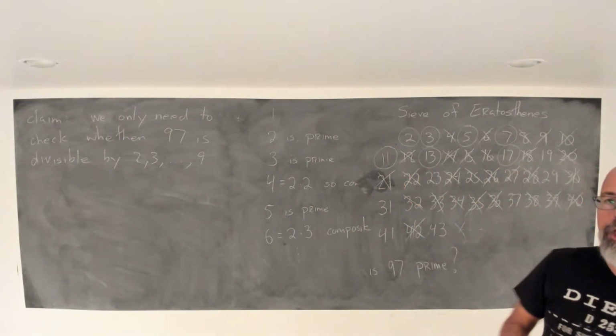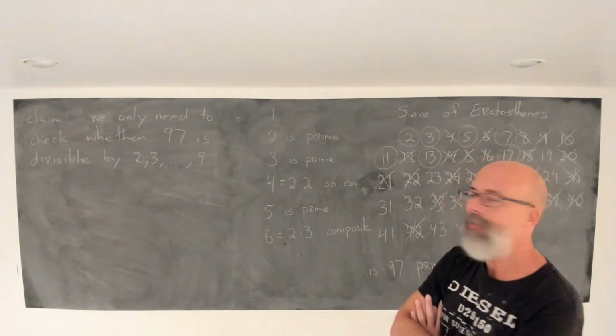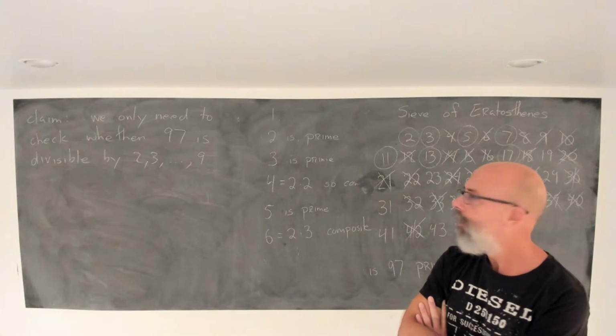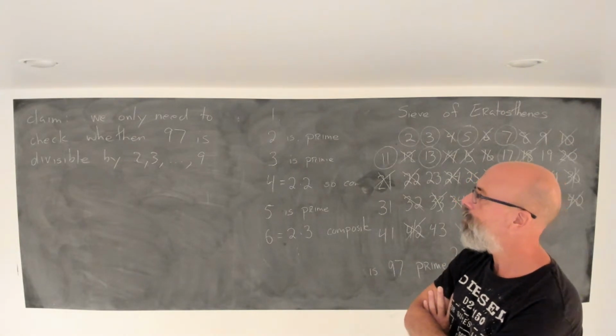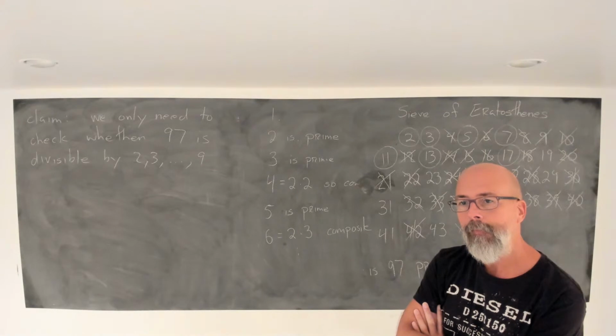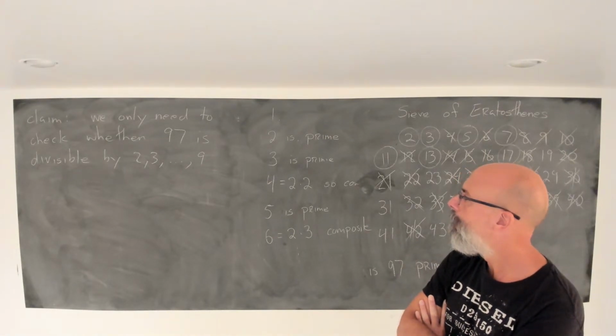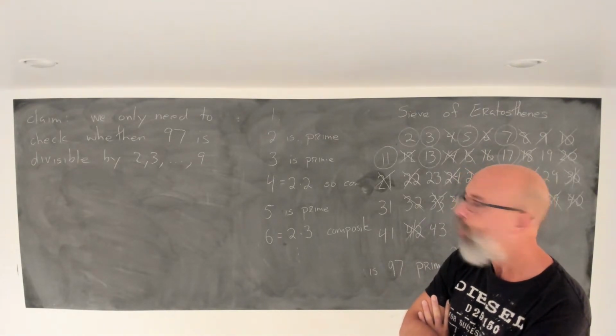We only need to check whether 97 is divisible by these few numbers. Why is that?